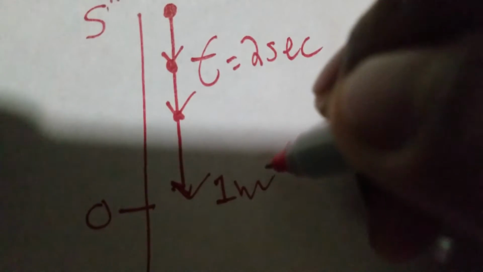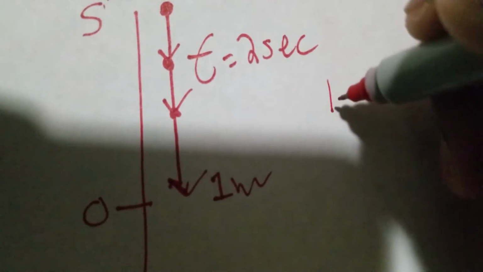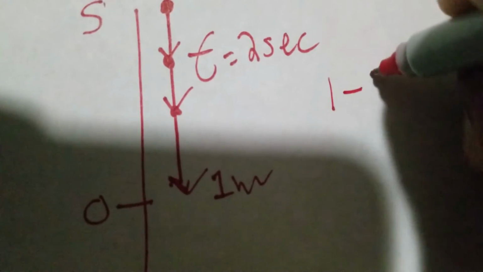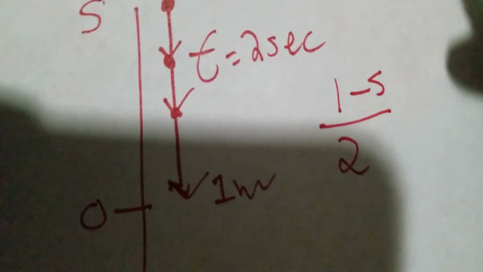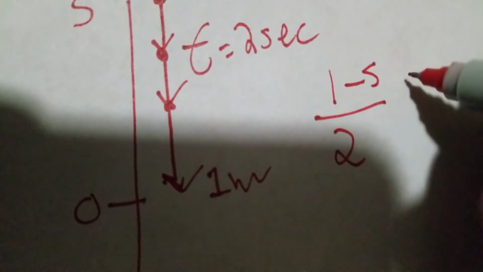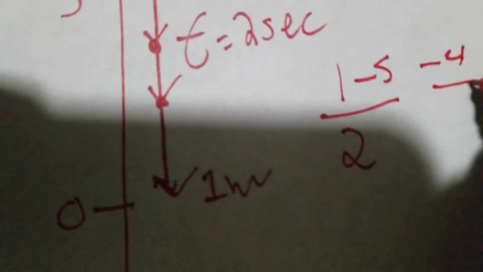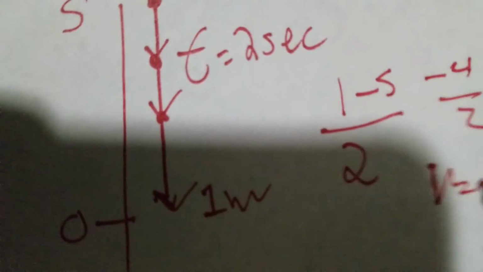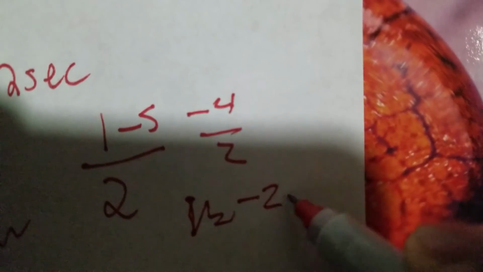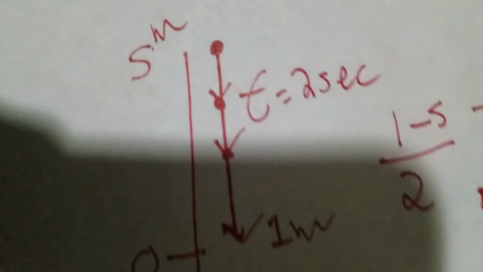So our final position is 1, and our original position is 5. 1 minus 5, over our time of 2 seconds. So 1 minus 5 is negative 4, and our time is 2, which means that our velocity is equal to negative 2 meters per second. Once again, proving that our velocity here is negative.